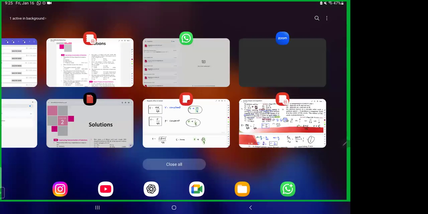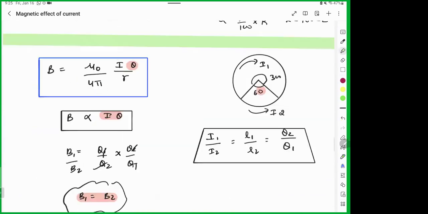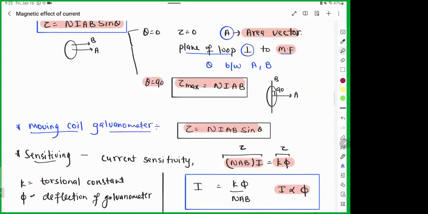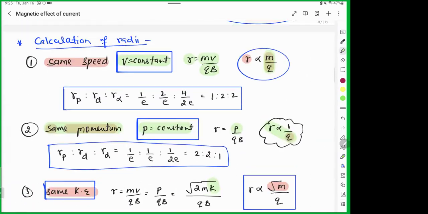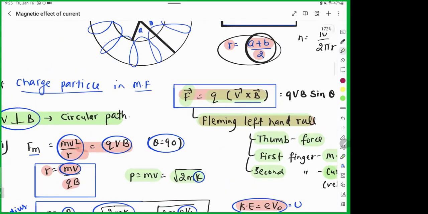Come to our basic thing. Anvita, we did this: force is equal to QVB, and force is also equal to mv square by r, and through that we got all the formulas.